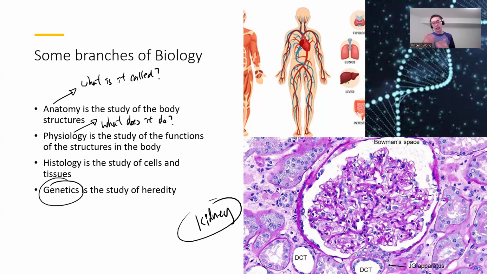We're gonna be looking at hereditary diseases, like hemophilia, for example, and calculating the chances of these things showing up in different generations. There are many disciplines in biology, and we will be touching on just a few of these here and there in this program.